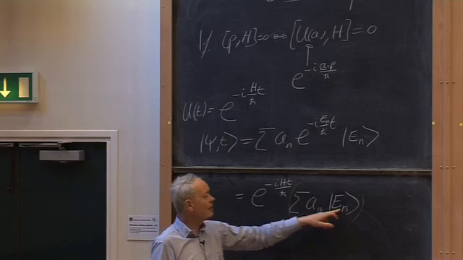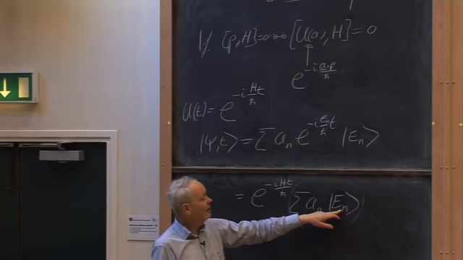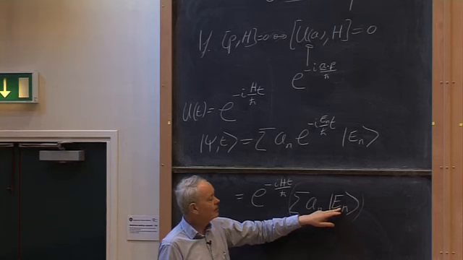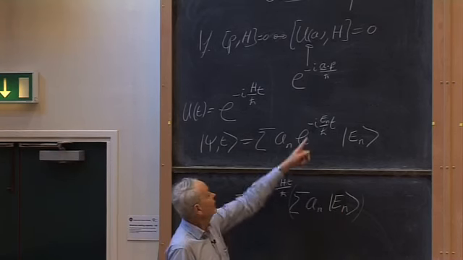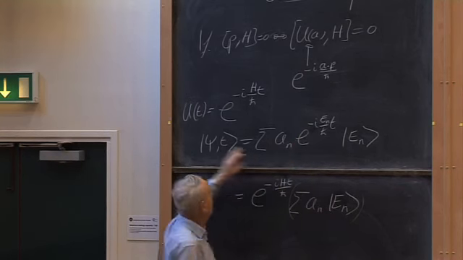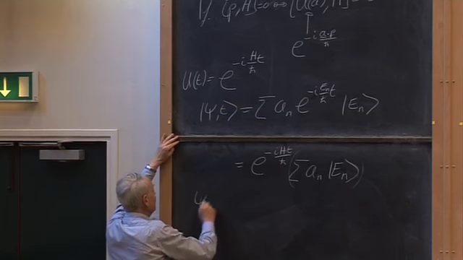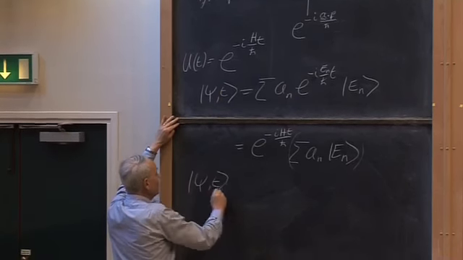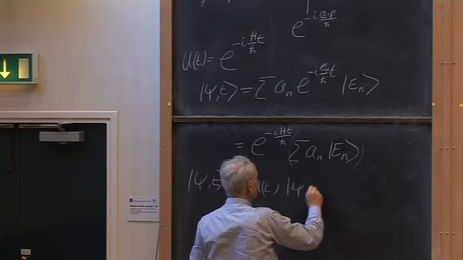Then H looks at its eigenket E n, and it says, aha, that's my eigenket E n. It returns E n times the number E n, and there you go, you have that. So this operator, U of t, is a crucial operator. It's the thing that evolves any state forward in time.